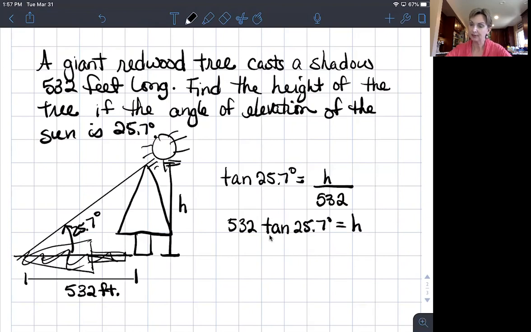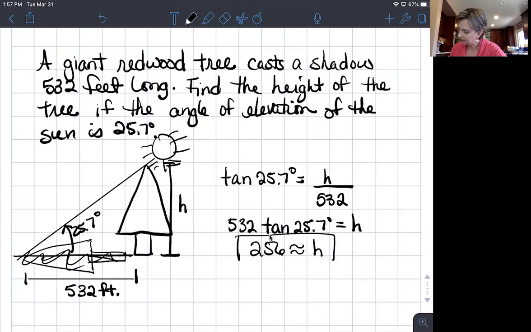Now, 25.7 is obviously not one of our special triangles. It's not a 30 or a 60 or a 45 degree angle. So for this one, you're going to use your calculator to solve it, right? You're just going to put in 25.7 degrees tangent, and then multiply that result by 532, right? And you are going to get for h approximately 256 feet.